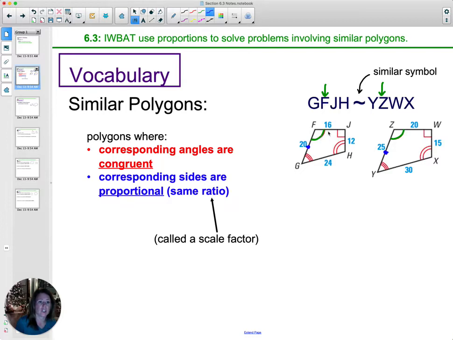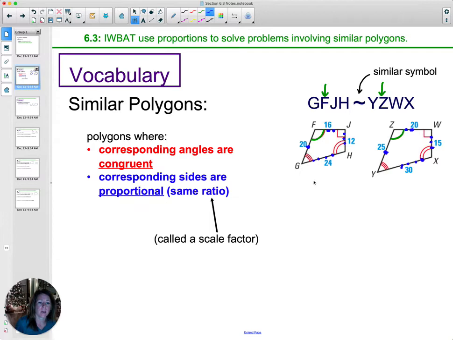Then FJ goes with ZW, JH goes with WX, and then GH goes with YX. That makes it easier when you're looking at the shape, in case it's rotated or anything is weird.